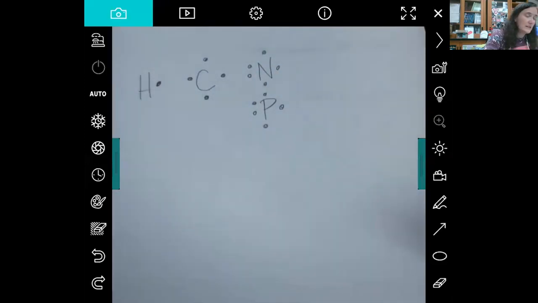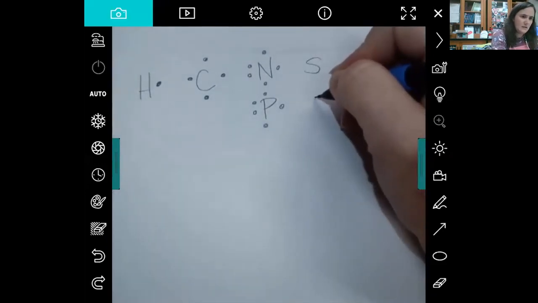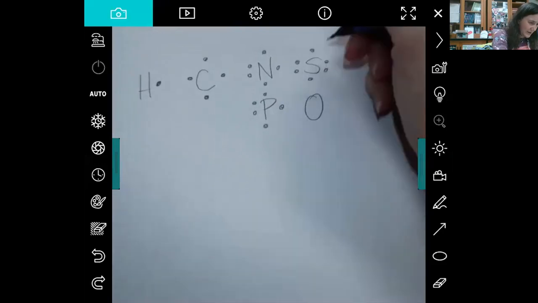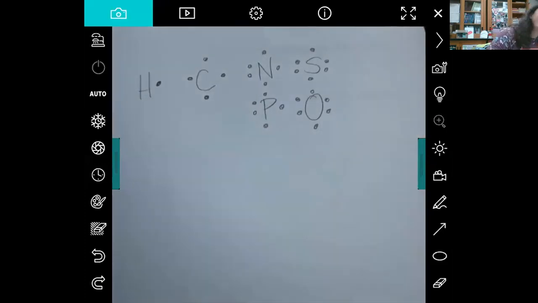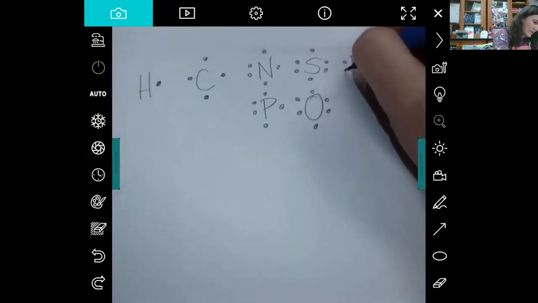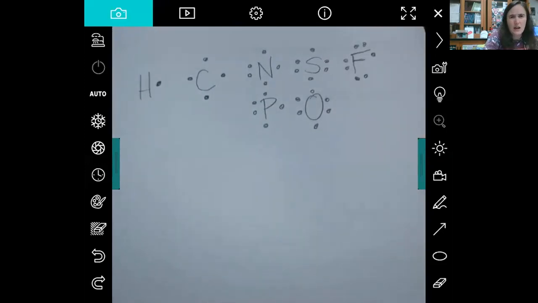Oxygen is in group 6, and then sulfur is in group 6A. There really is no rhyme or reason where you put the dots as long as you have 6. And then 7A, we're going to have fluorine, chlorine, bromine, iodine. I'm just going to do fluorine, but they're all going to look like fluorines. They're all going to have the 7 valence electrons. Group 8A, all of them have 8, but they can't gain any, okay?